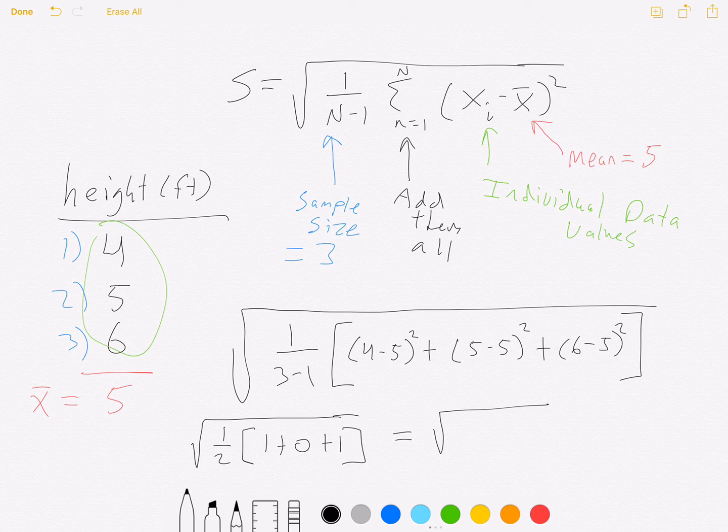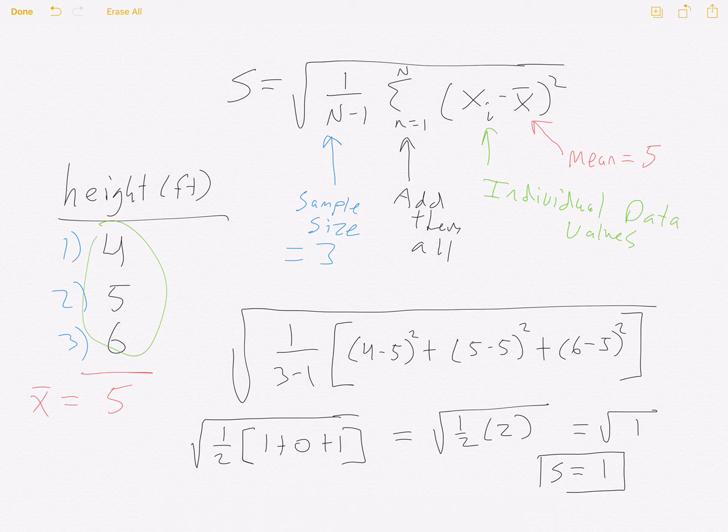We get the square root of 1/2 of 2, which is 1, right? So we get the square root of 1. Square root of 1 I can do in my head. S equals 1. Get a standard deviation of 1 in this case.